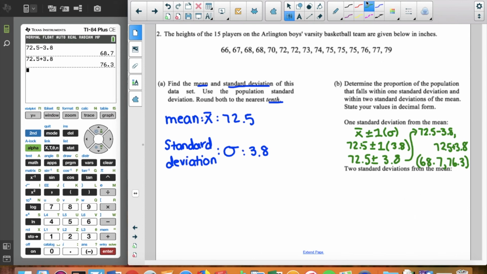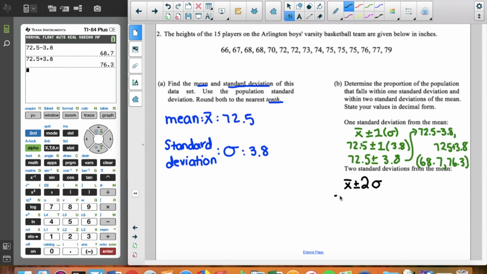So let's do the bottom one, the one within 2 standard deviations. Within 2 standard deviations, we have the mean plus or minus, and instead of this being 1, it's going to be 2 because we now want 2 standard deviations, times the standard deviation. So let's plug in our numbers.